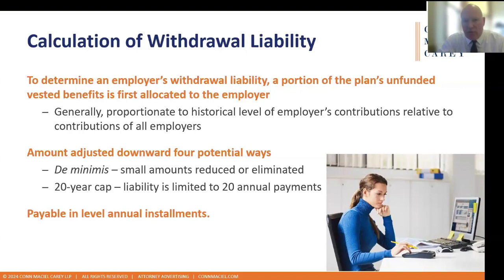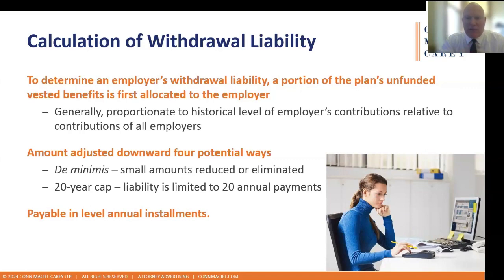Remember too, and we'll come back to this, the unfunded vested benefits are calculated by actuaries who look at a lot of different factors, such as the date of the withdrawal and the date that the assets and the liabilities are valued. They make different assumptions on mortality and the allocation method that's going to be used by the plan.